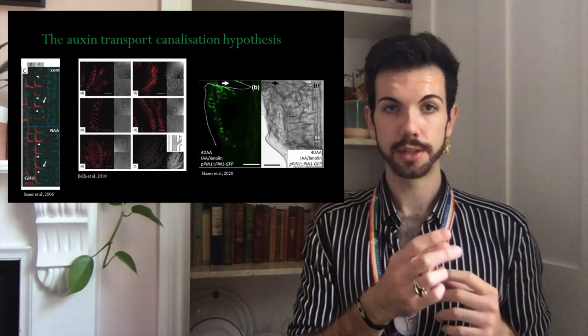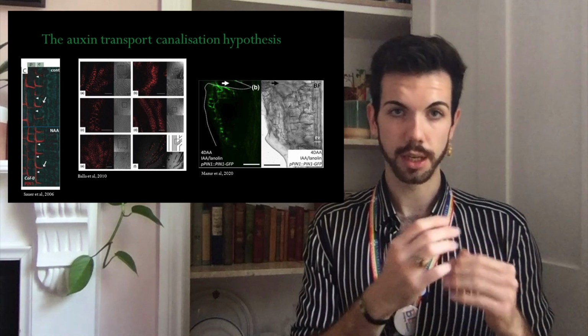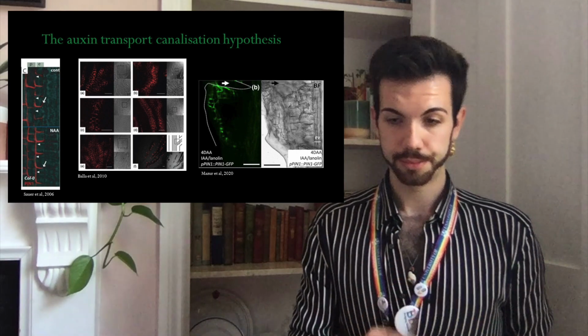It needs to be able to generate that vasculature through which it can export auxin.